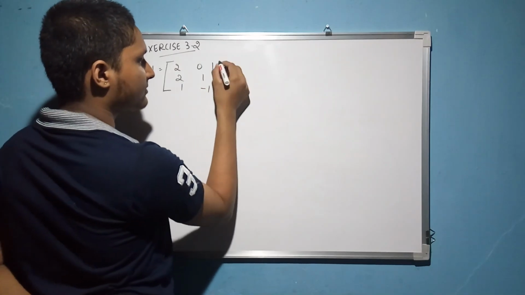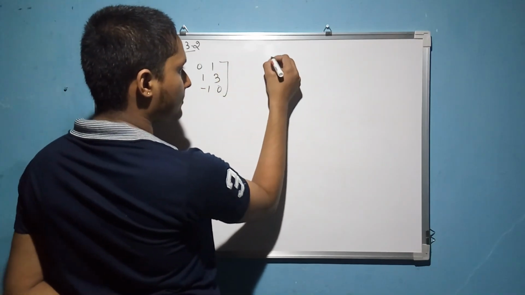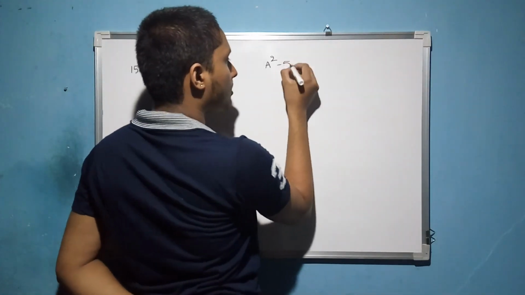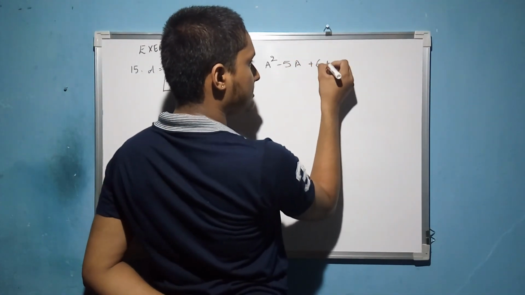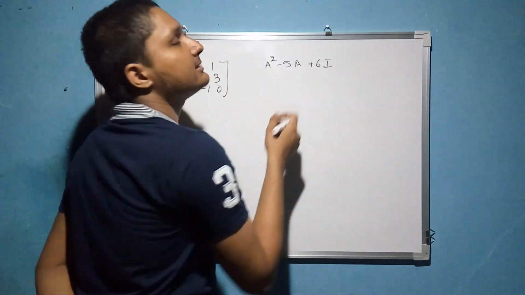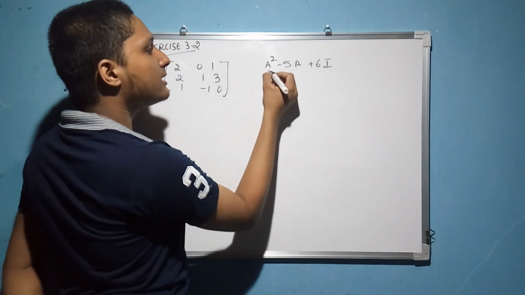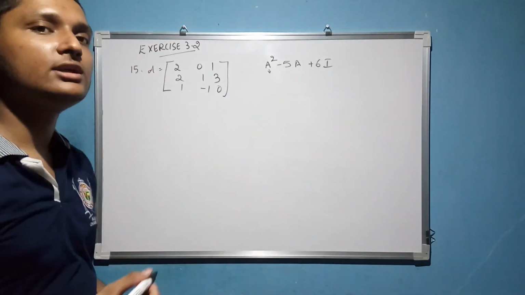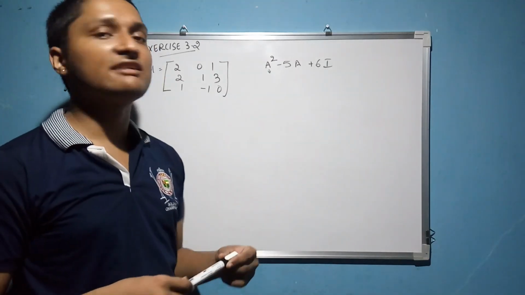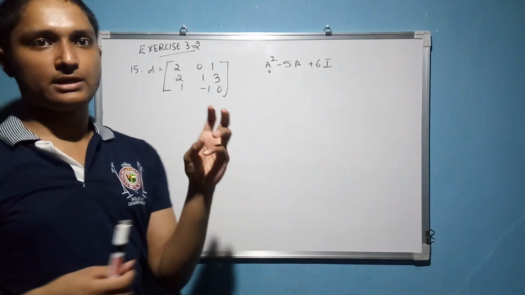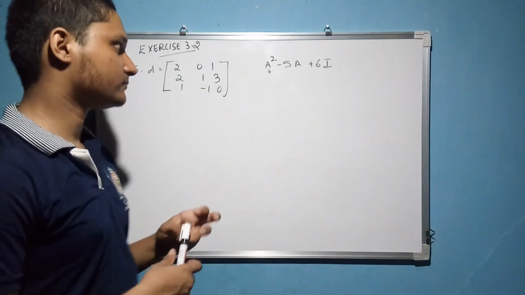What is asked in the question is A square minus 5A plus 6I, where I refers to the identity matrix of the same order. When you consider a square or a cube, always take care that it is defined only if it is a square matrix. Here you have a square matrix of order 3.